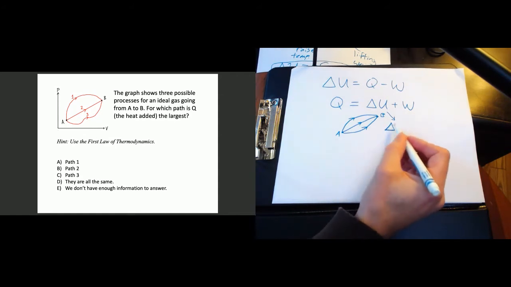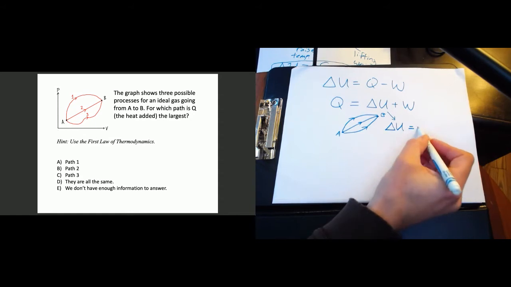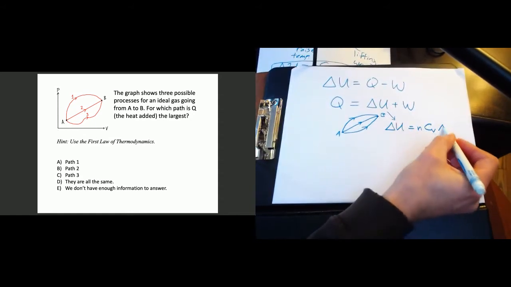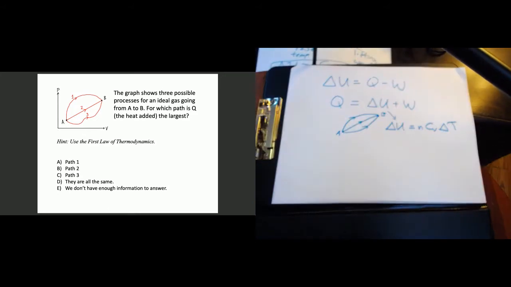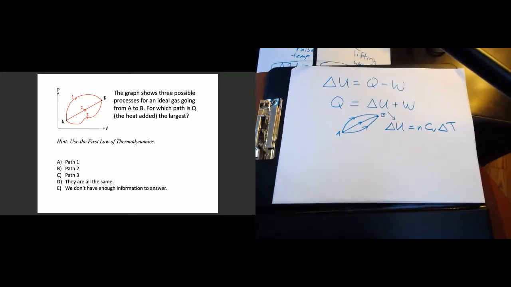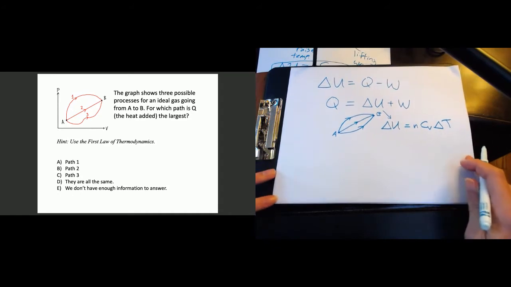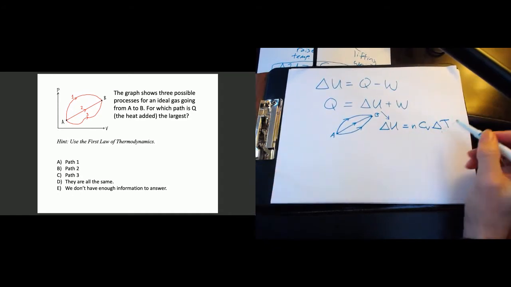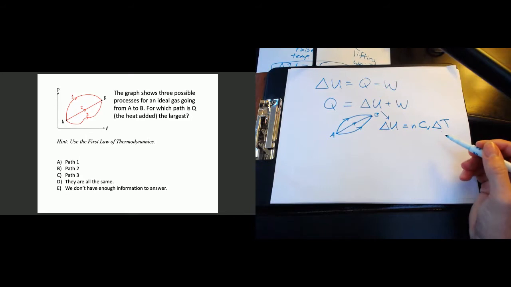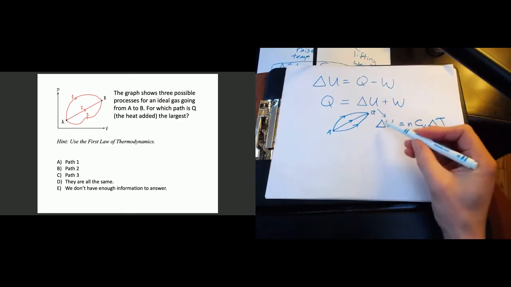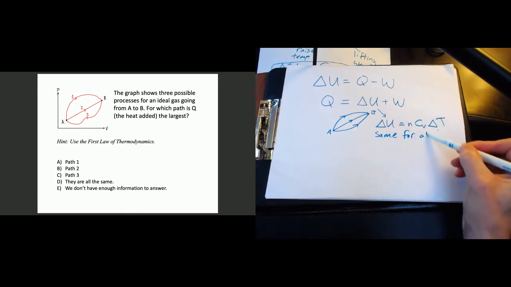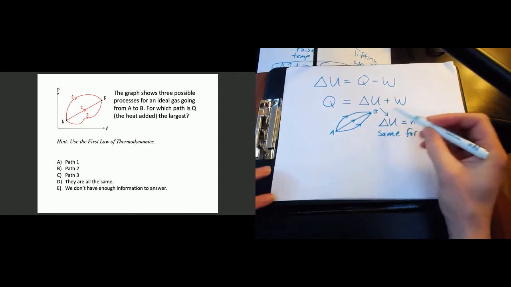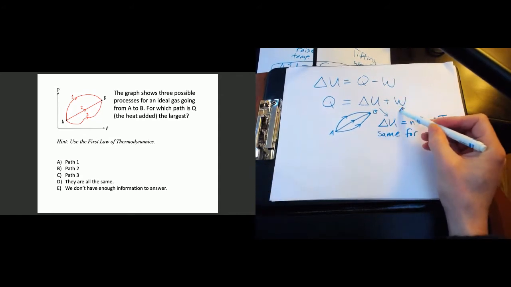In terms of our formula, we have that delta U equals nCV delta T. And we can figure out the temperature using the ideal gas law once we know the pressure and the volume. So again, because the pressure and the volume change in the same way, the temperature changes in the same way. And so delta U is the same for all. Next, we can look at the work.